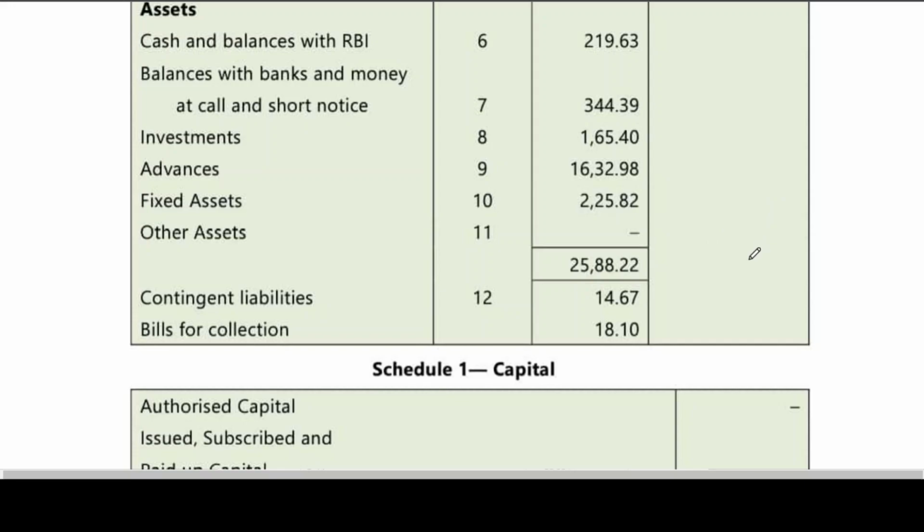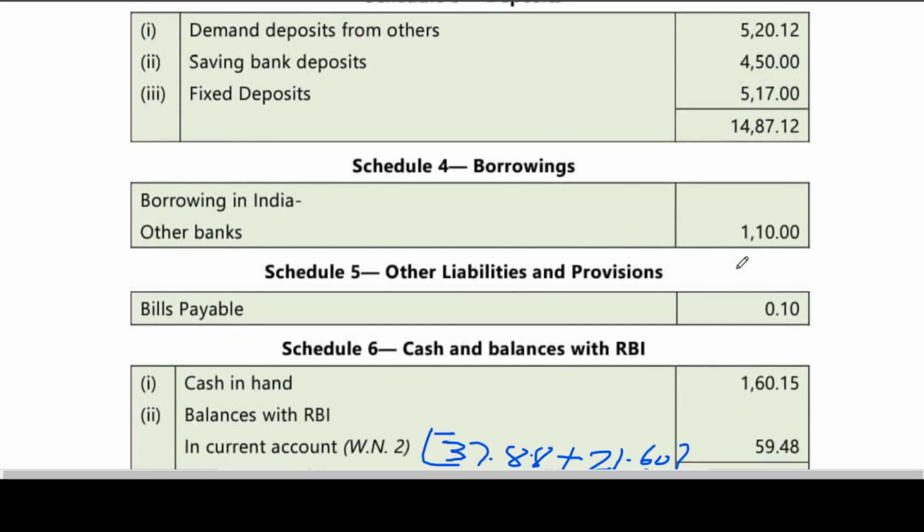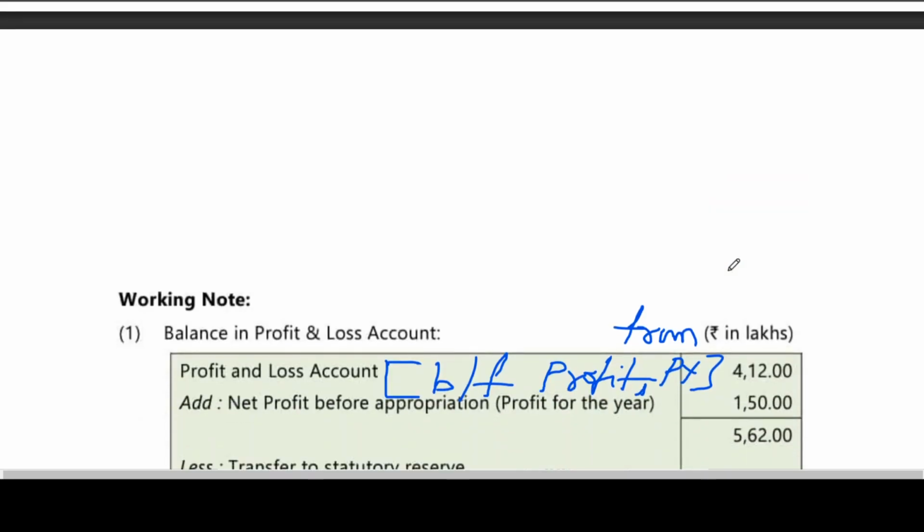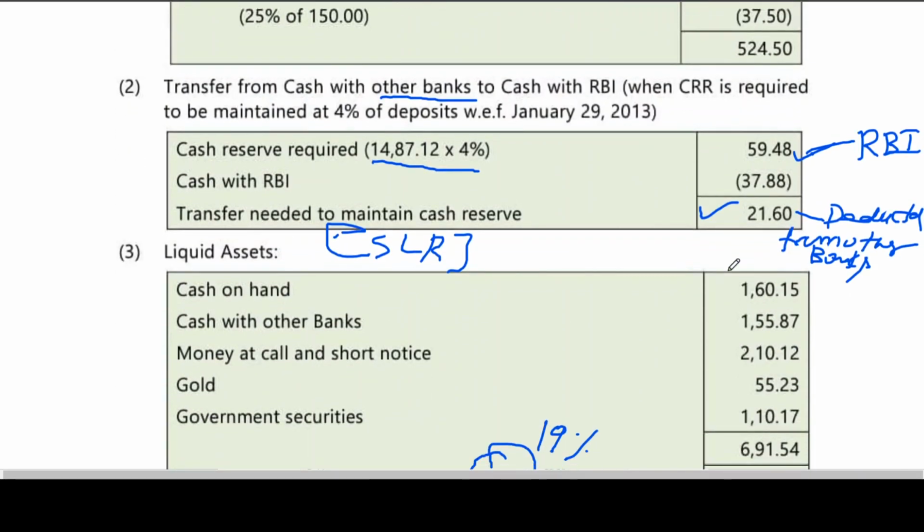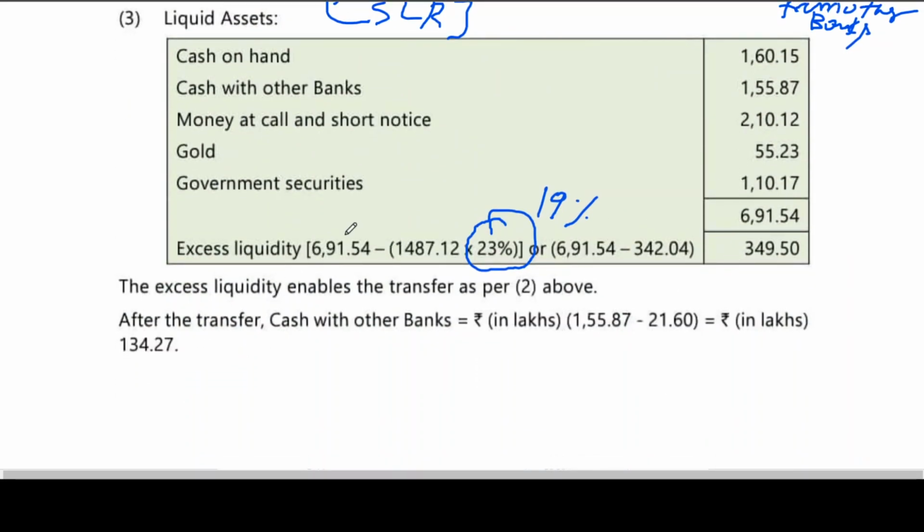As I have already shown you, to get excess liquidity we should find liquid assets minus SLR. It is 19%, but has been calculated at 23%. Please remember this 23%.